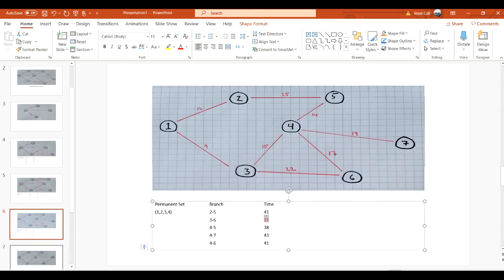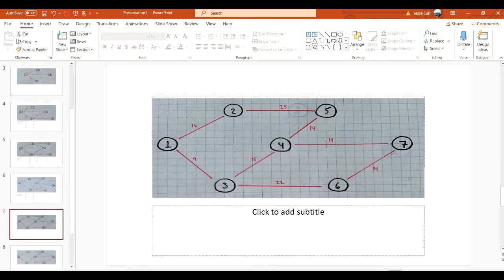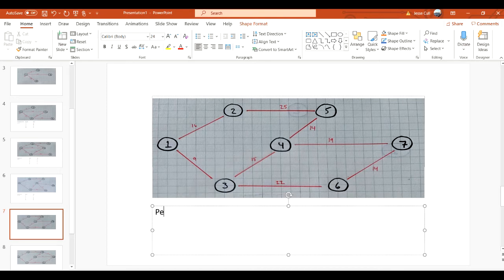We're going to go one more time. So we come over, permanent set. And this is permanent set: 1, 2, 3, 4, 6.